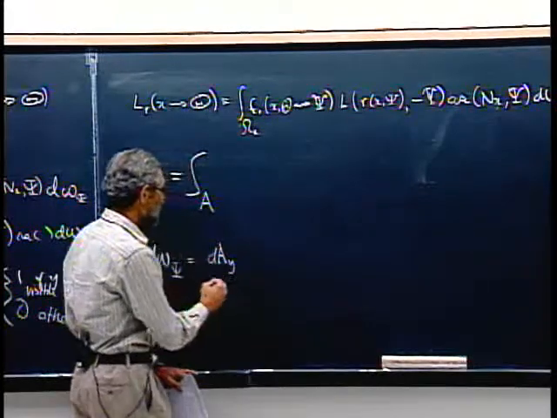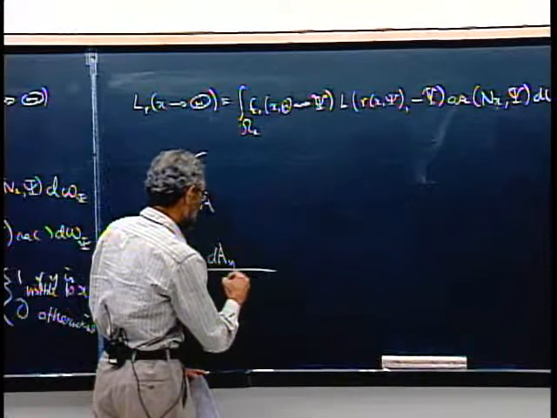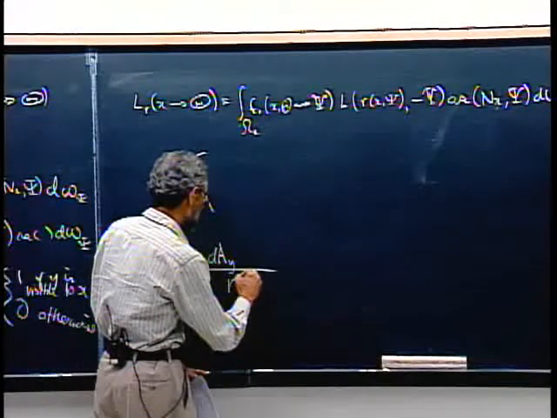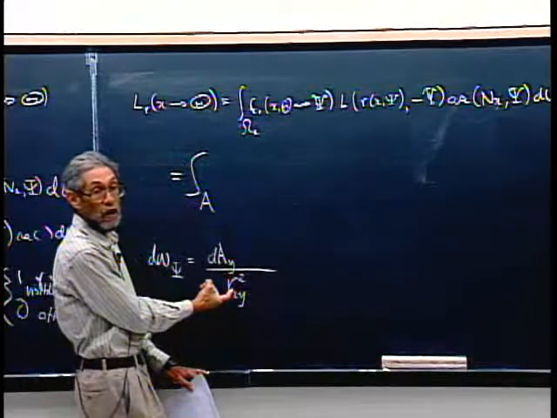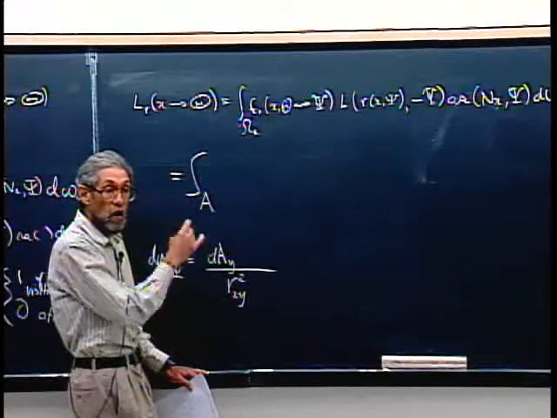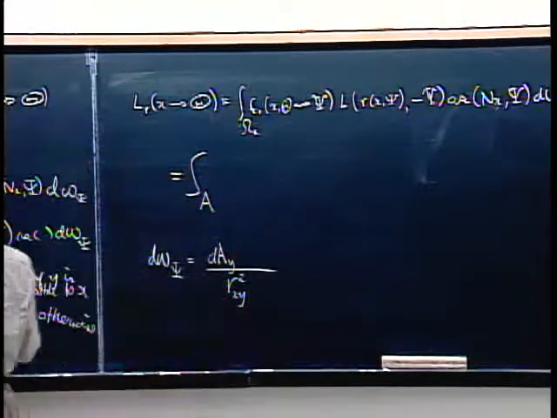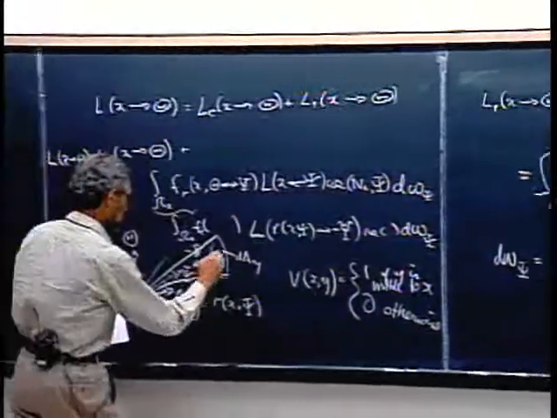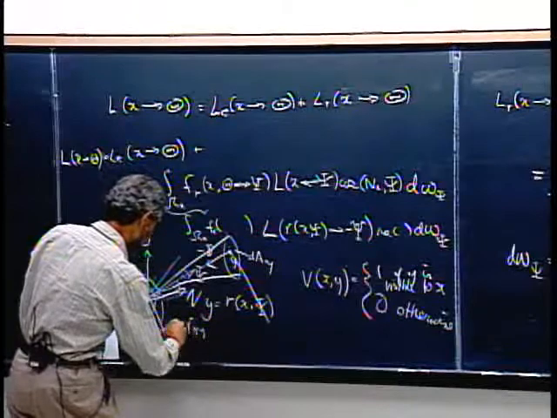We want the area on a unit sphere, so we have to divide it by the square of the distance between x and y, which I'm denoting by Rxy, because it's supposed to be area on a unit sphere, which is solid angle. And this area, if you think about this distance here, from here to here is Rxy.